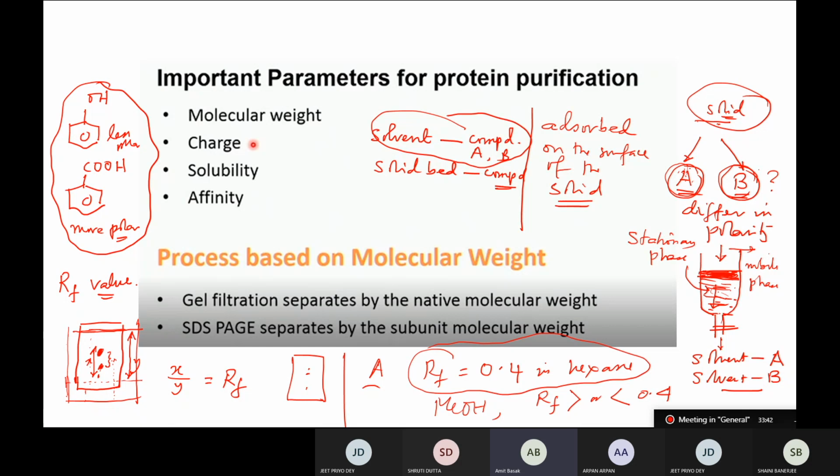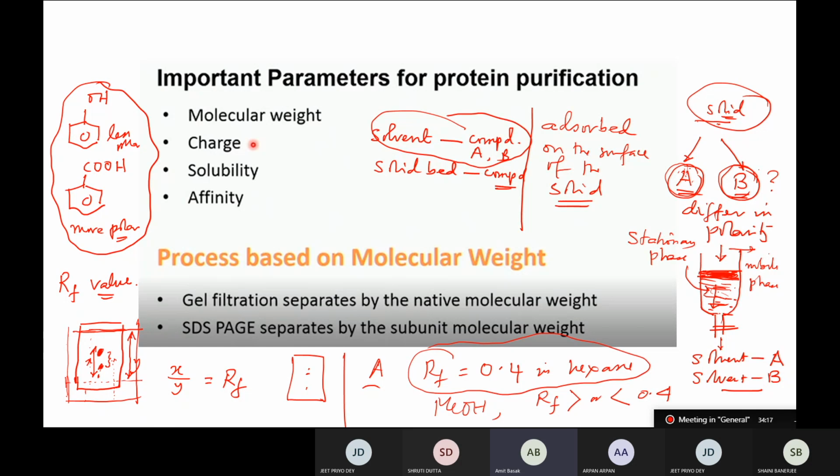Using the same type of plate, that means the silica gel coated plate, I am just changing the polarity of the solvent. If I use a less polar solvent, hexane, I see an RF of 0.4. That means it has migrated 40% relative to the front. If I say that the front has migrated by 100%, then at the 40% distance, it has migrated.